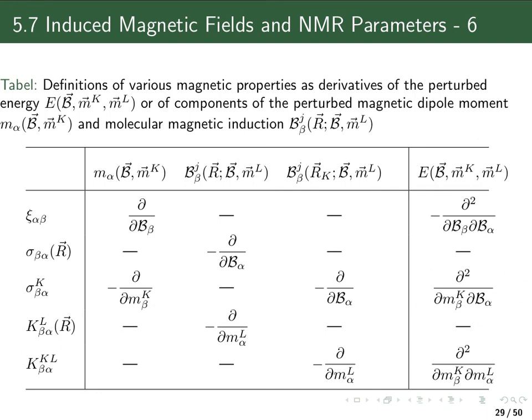The shielding constant is a mixed derivative, with one derivative with respect to a component of the external magnetic field, and one with respect to a component of a nuclear magnetic moment. And finally, the reduced coupling constant is also in reality a mixed derivative, but with two derivatives. The two derivatives are with respect to two components of two different nuclear magnetic moments.